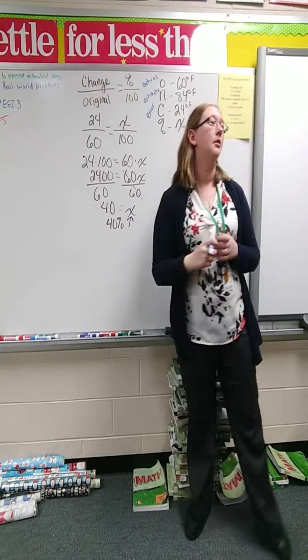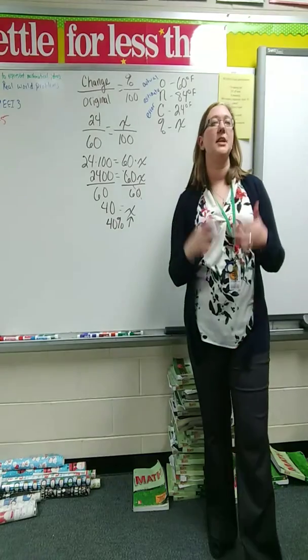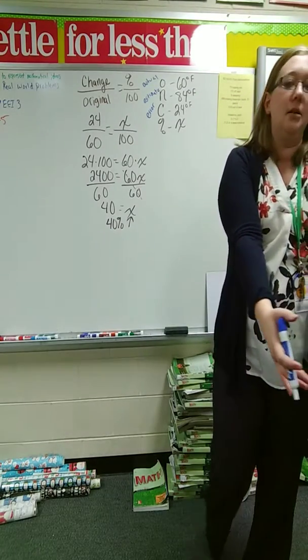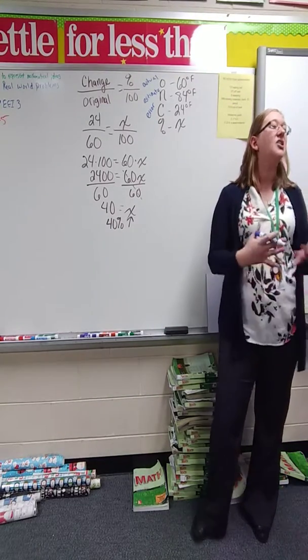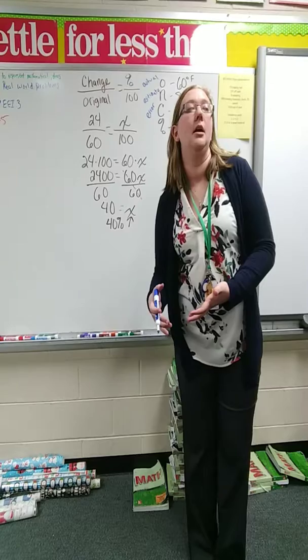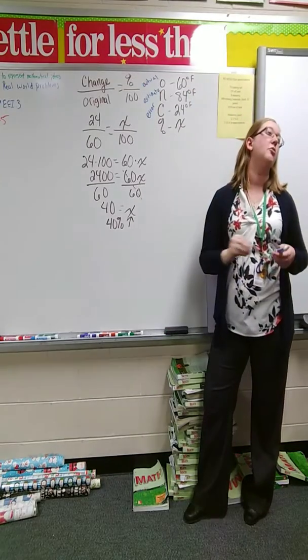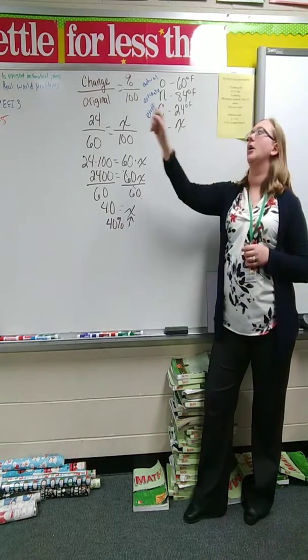Okay? Because we want the percent of error to be based on what is actually true, correct? Right. So because the percent of error is based on what's actually happening, that means that is our original, which we put into our proportion. The estimate and the new don't go in there.